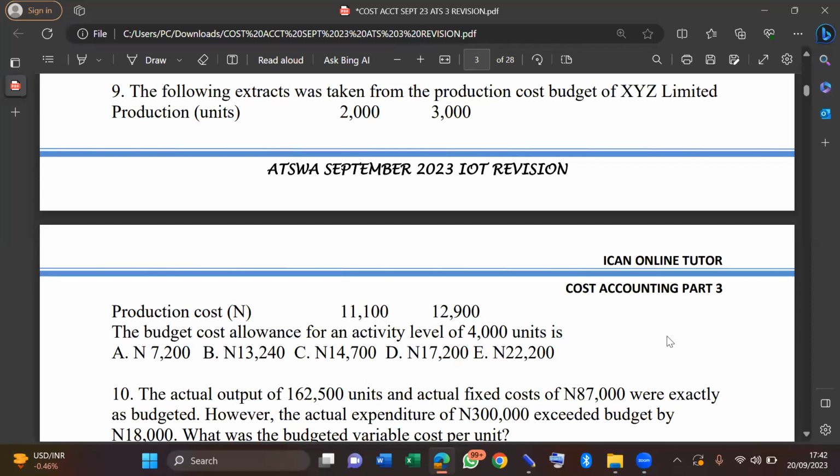I have a method I'm thinking of. Okay, let's hear it out. The first two will give you two different answers, but if you subtract the production cost of 2,000 from 3,000 and add it back to the production cost of 3,000, it will give you 14,700.